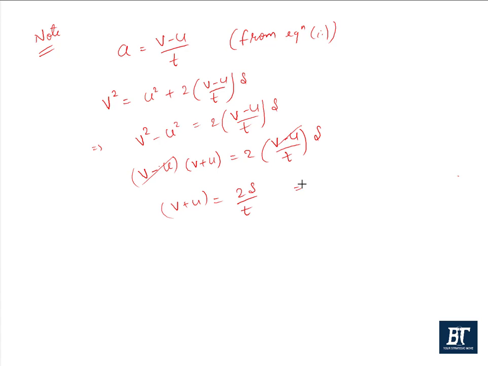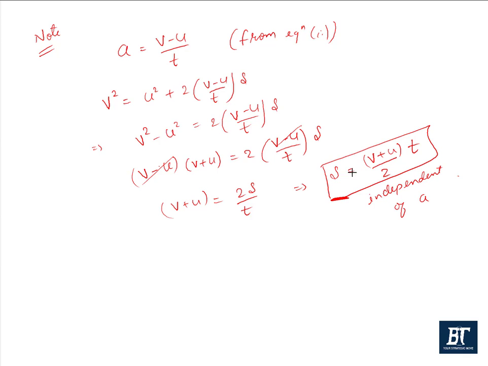So from this equation we will get s is equal to v plus u by 2 into t. So this equation is independent of acceleration, and it relates displacement with initial velocity, final velocity and time.